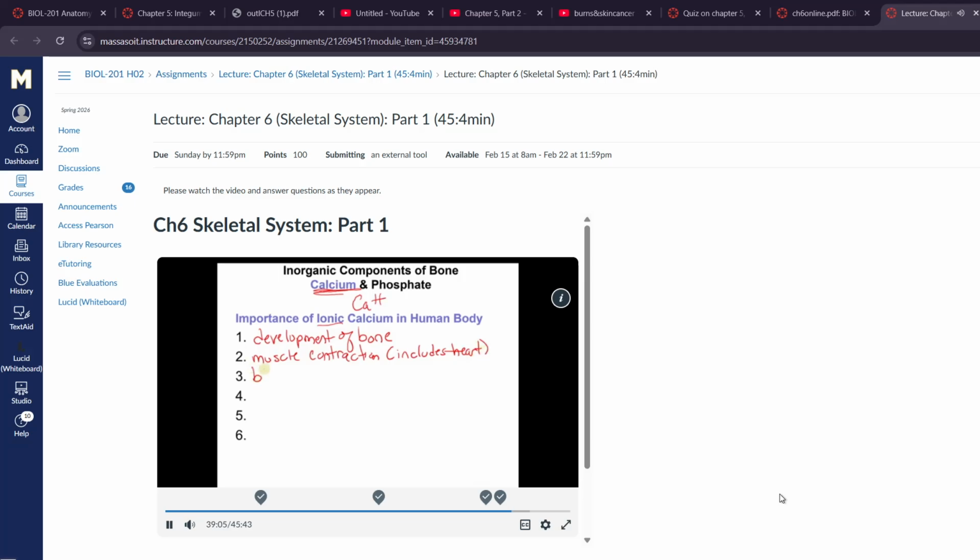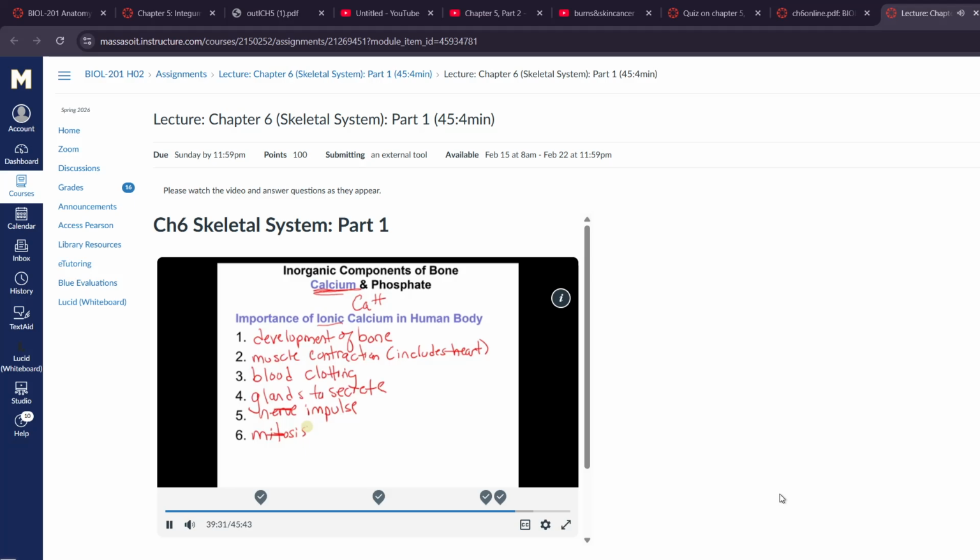You need it in order for blood to clot. Blood will not clot without calcium. You need it for glands to secrete. In addition, no nerve impulse without calcium. So you need it for a nerve impulse. And lastly, mitosis. Mitosis will not occur without calcium.